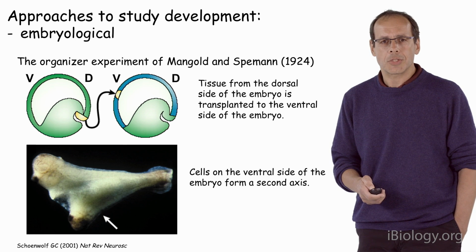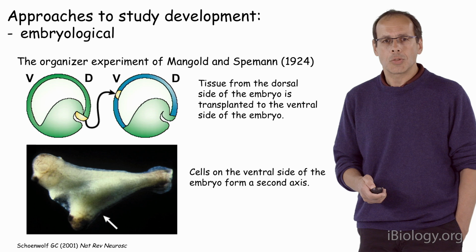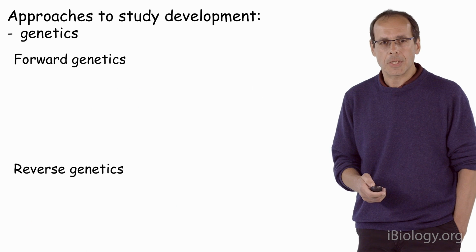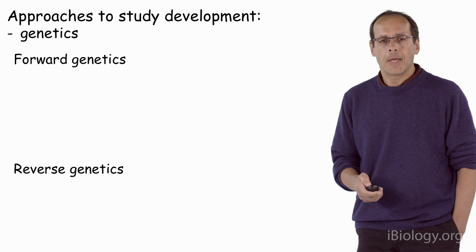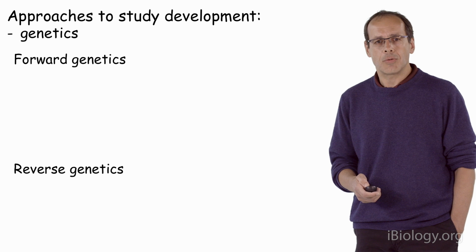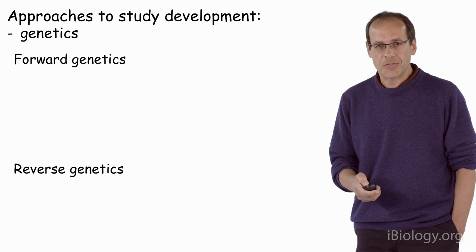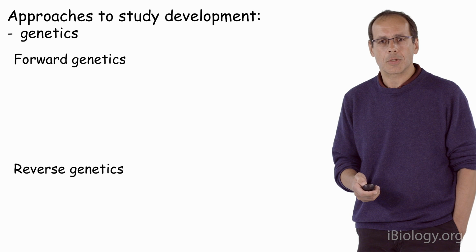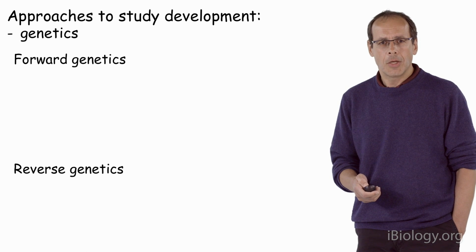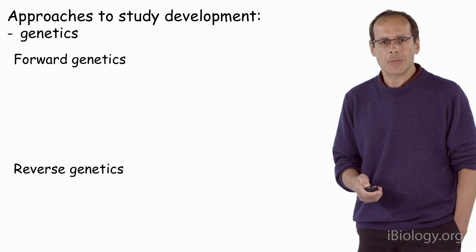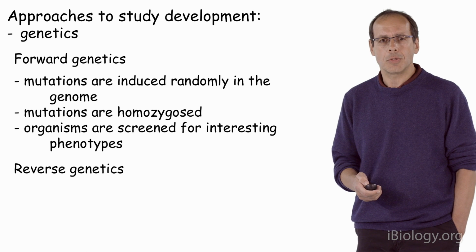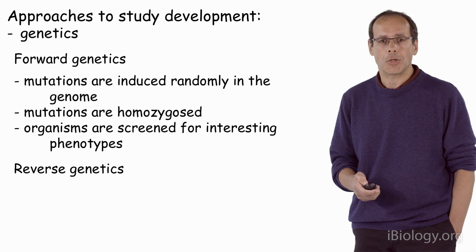The other major approach that's been used essentially to study development is a genetic approach. And so forward genetics and reverse genetics have been used traditionally. And just to first define these terms as they'll be used throughout these talks, forward genetics is a means by which essentially mutations are induced randomly throughout the genome.